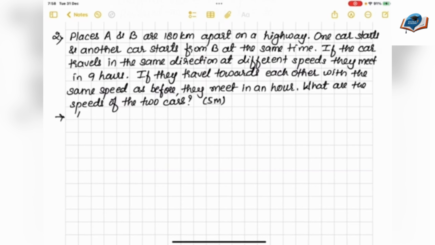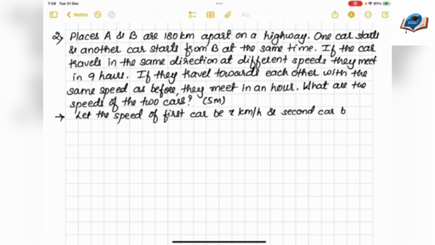So here, let the speed of the first car be x kilometer per hour and the second car be y kilometer per hour, if traveling in the same direction.